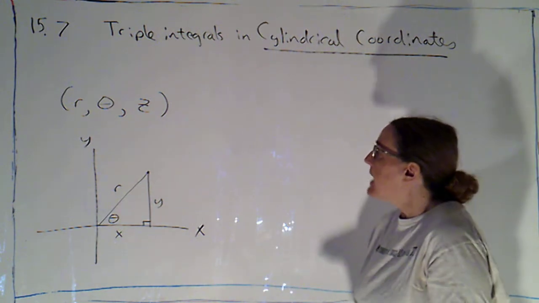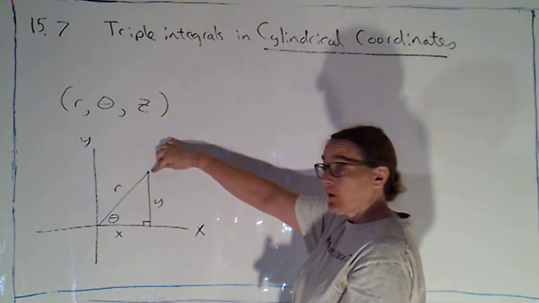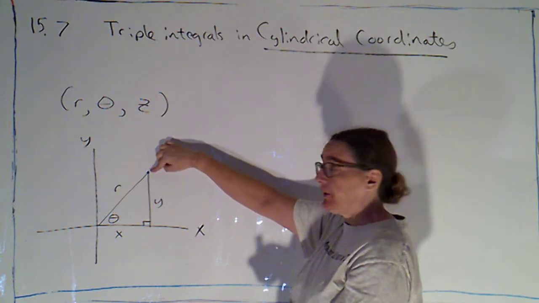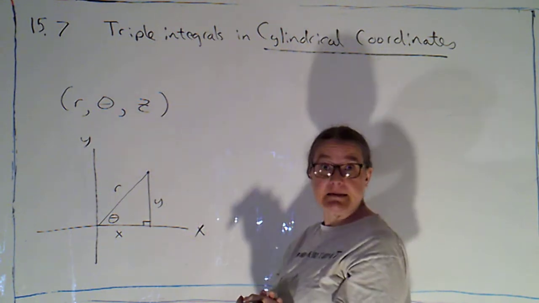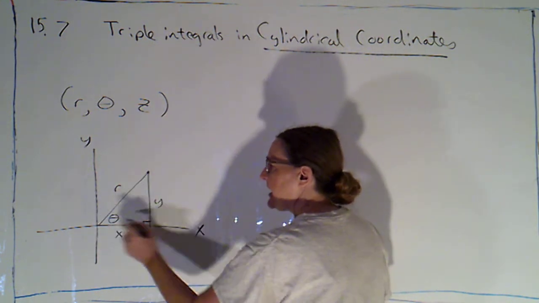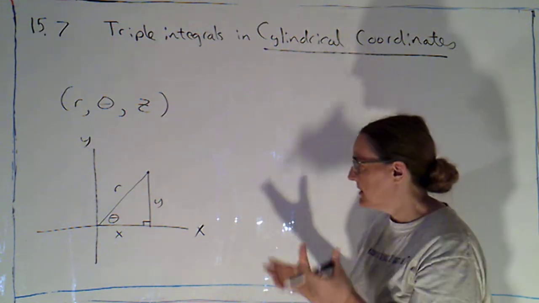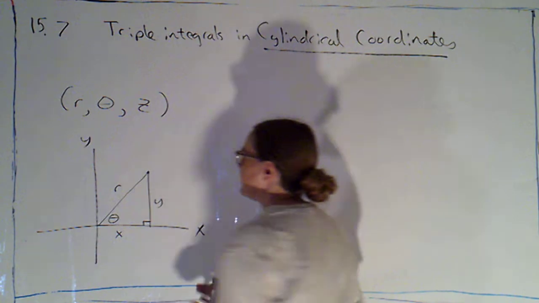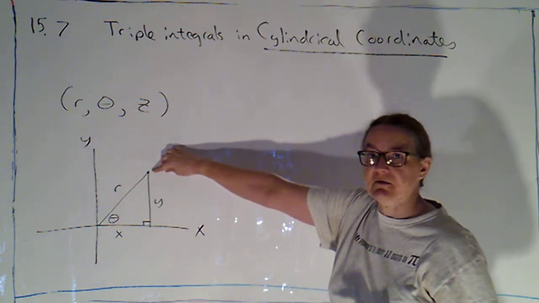Now, let's remember that in polar coordinates, and this will extend to cylindrical coordinates, points like this have multiple names. This, I think, would be the simplest name I could choose for this point, where r is positive, and I chose theta to be the smallest positive angle that goes from the positive x-axis to the ray that would pass through that point.